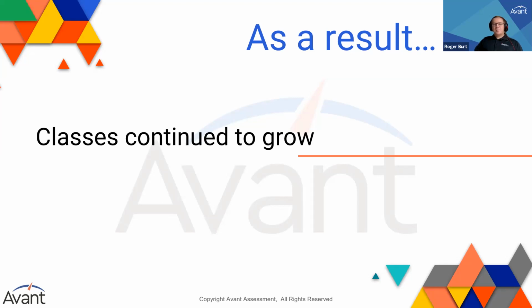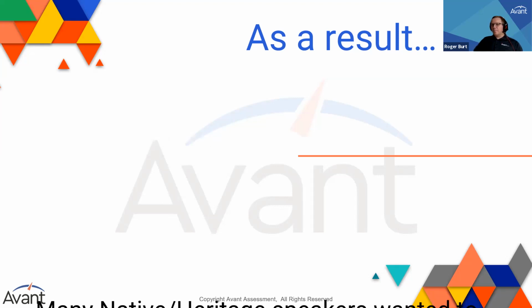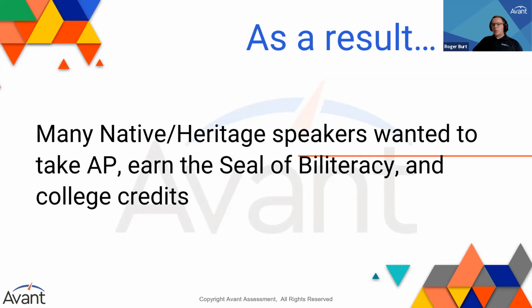Unfortunately, that didn't happen. And our classes were enormous, but that's okay. We also found that in our school, really, it was the vast majority of the native and heritage speakers who were in the Spanish for Spanish speakers class. Most of them wanted to take the AP test, earn college credits, earn the seal of biliteracy.